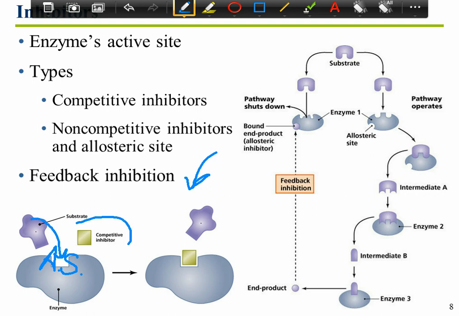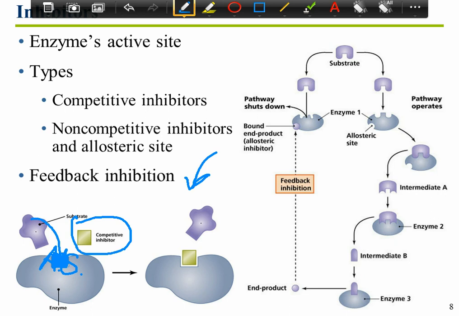A competitive inhibitor will fit into that site, thereby occupying the active site so the substrate cannot fit there. That's a competitive inhibitor. Now, there are non-competitive inhibitors that change the shape of the molecule so the active site doesn't work anymore, doesn't fit with the substrate.